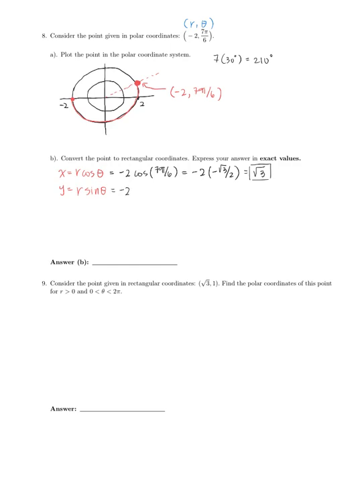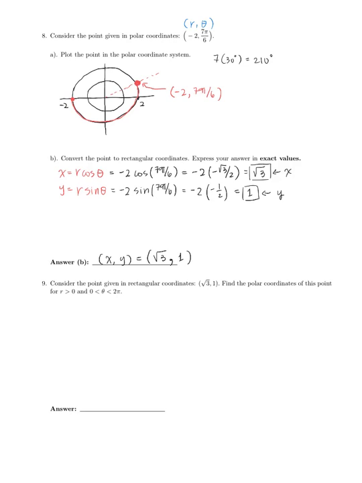So this is same thing as -2 sine of 7 pi over 6, which is -2 times -1/2, which is going to give us 1. Okay, so this is our x value, this is our y value. Therefore, as an ordered pair, remember rectangular coordinates always is represented by x comma y. So here what we're going to get is square root of 3 comma 1.